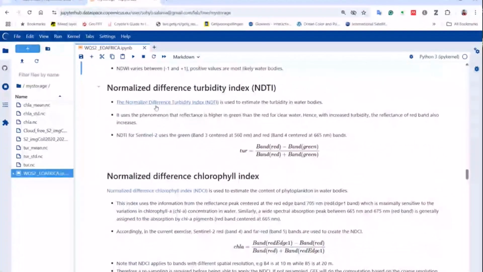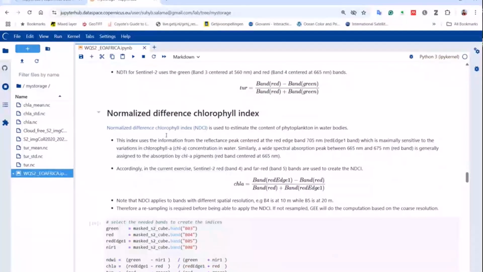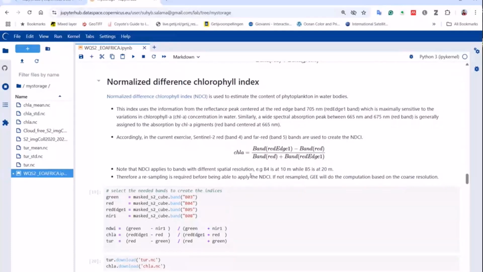We have the normalized difference turbidity, the same concept, the red minus the green divided by their sum, but let us focus here on the normalized difference chlorophyll index, which I have explained in the lecture. Again, the same concept, but a slightly different physical interpretation, based on a clever selection of the bands.